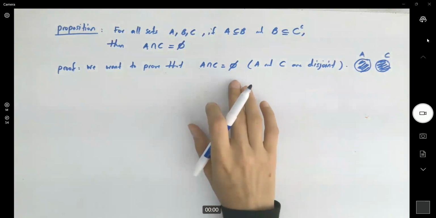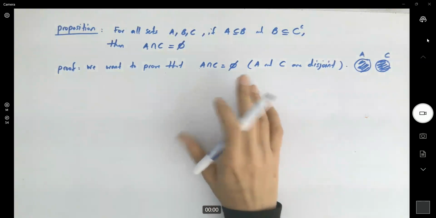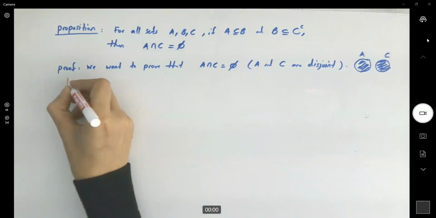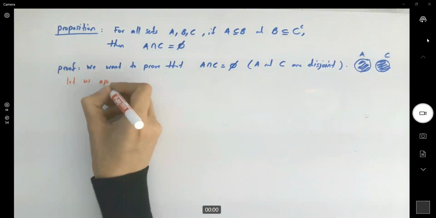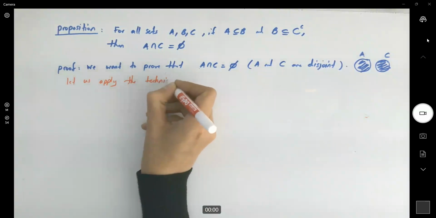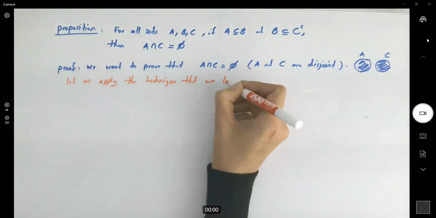In this case, let us try to prove by contradiction. So suppose not. And let us apply the technique that we learned before.